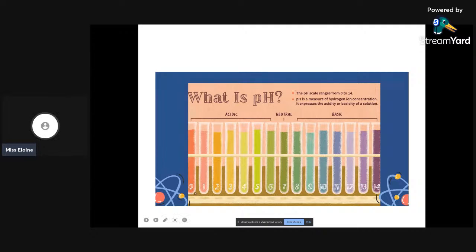From our range, 0 to 6.5 means acidic, while 7.5 to 14 means basic. The neutral range is from 6.5 to 7.5, but the neutral point as a whole is 7.